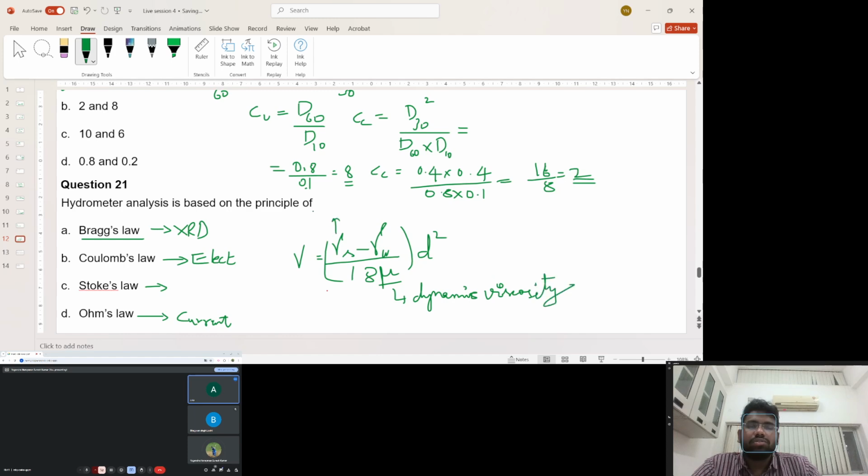Gamma S is the unit weight of soil solids, Gamma W is the unit weight of water, and D is the diameter of the particle.